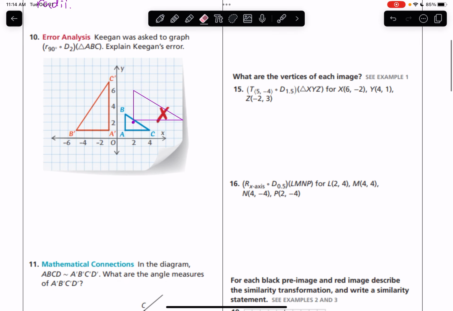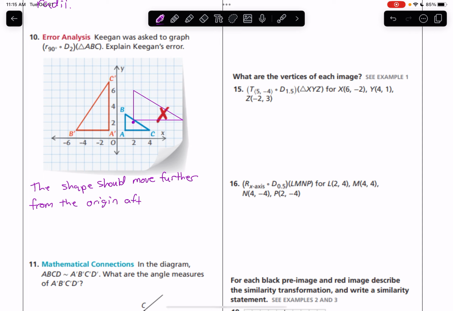To explain what he did, we can say the shape should move further from the origin after dilation. There we go.